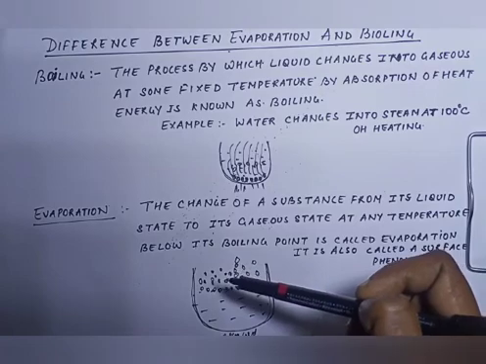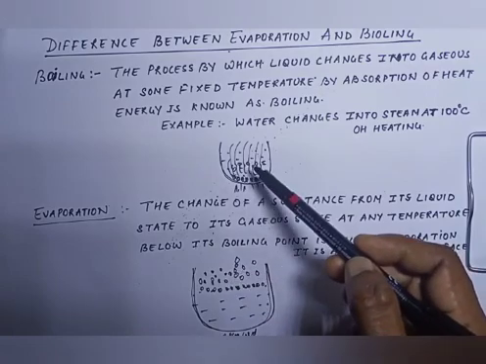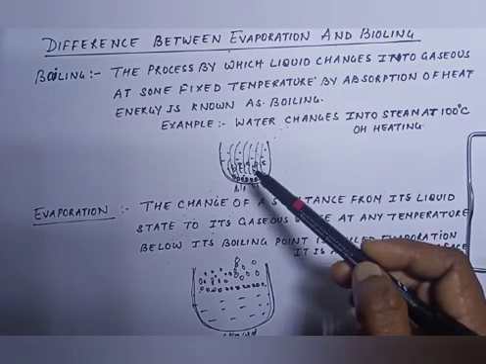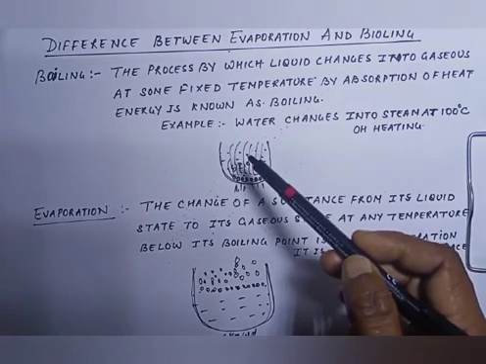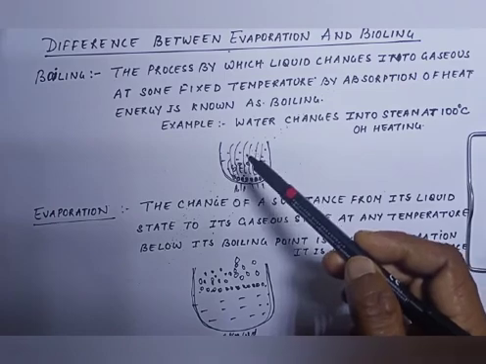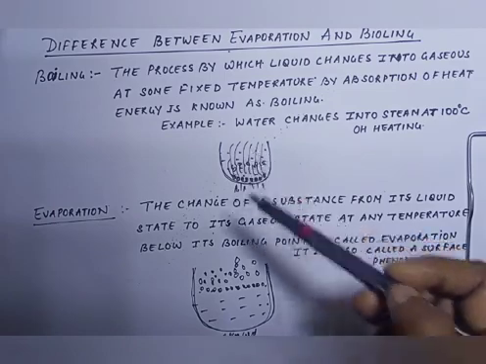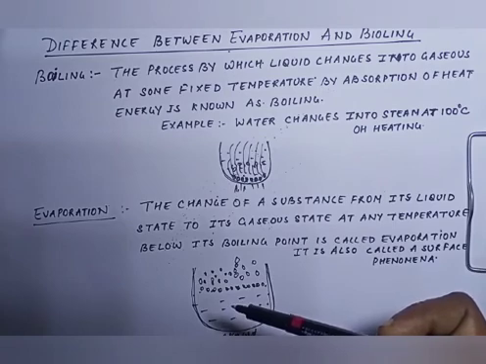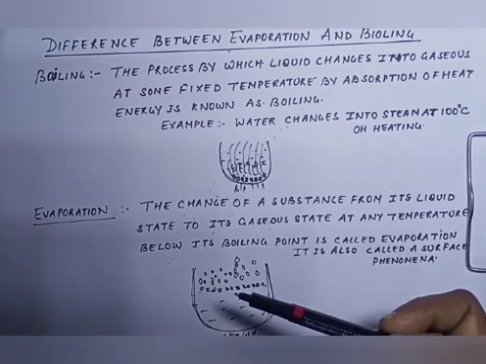Energy. A source of energy is required in boiling. When we supply a source of energy, the water or milk in a container is going to boil. But in evaporation, the source of energy is given by the surroundings.